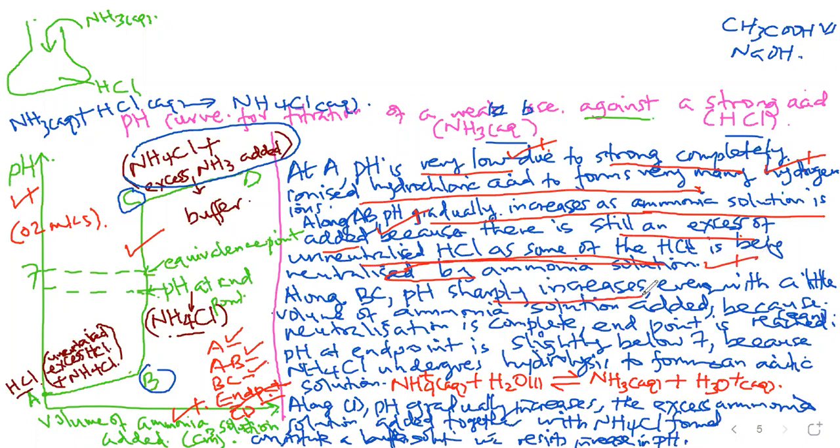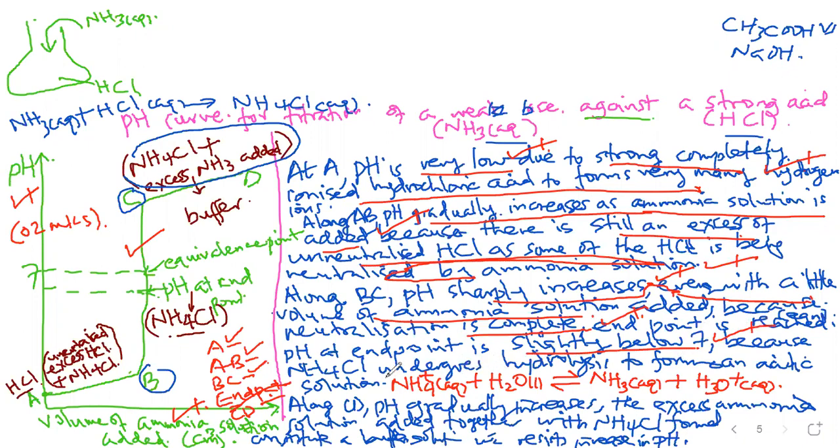pH is sharply increasing along BC, even with a little volume of ammonia solution added. That whole statement is half a mark. Neutralization is complete and the endpoint is reached. pH at endpoint is slightly below 7. That's the trend.